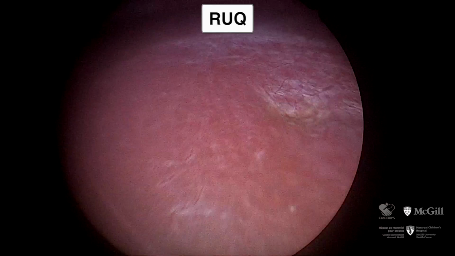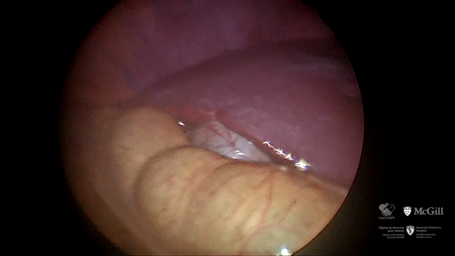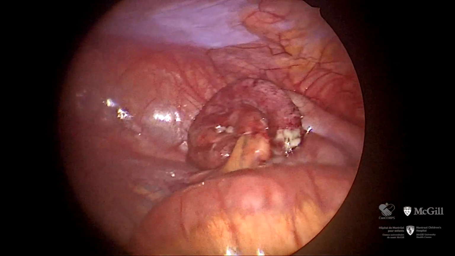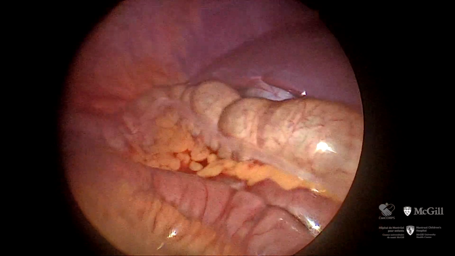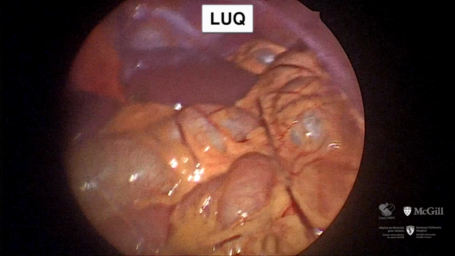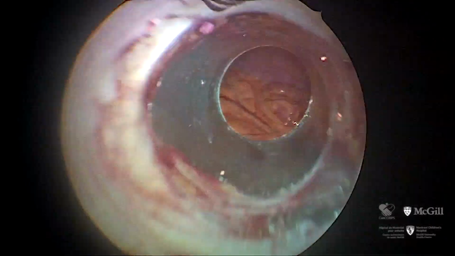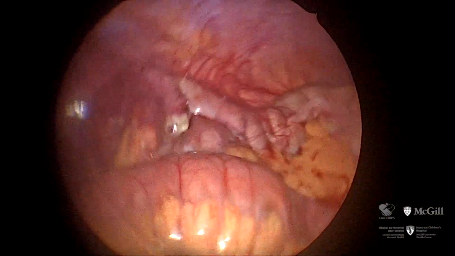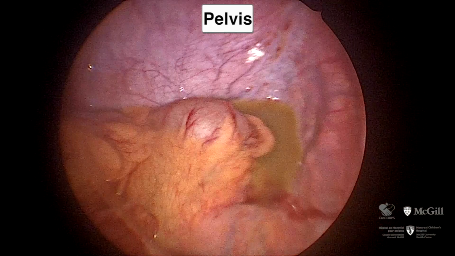As we survey the abdomen, we see no contamination in any of the quadrants. The purulent collection is limited to the pelvis.